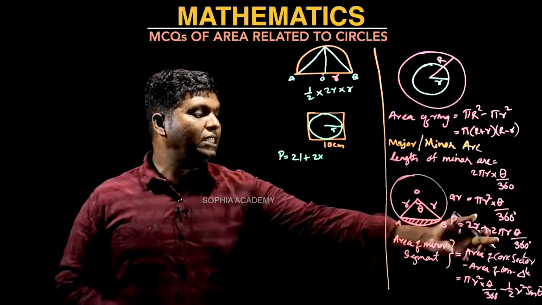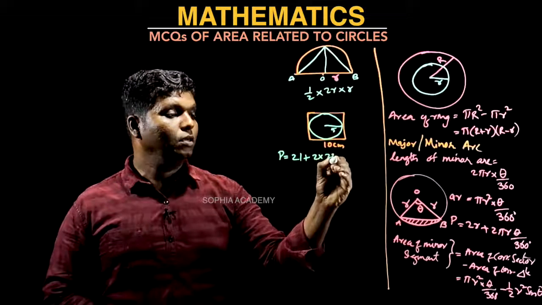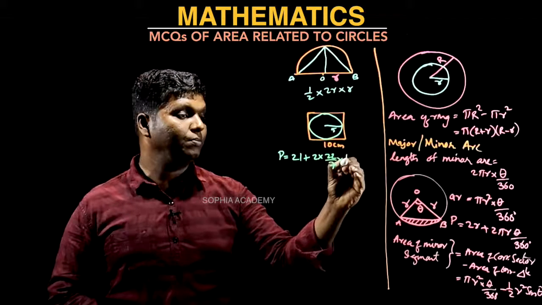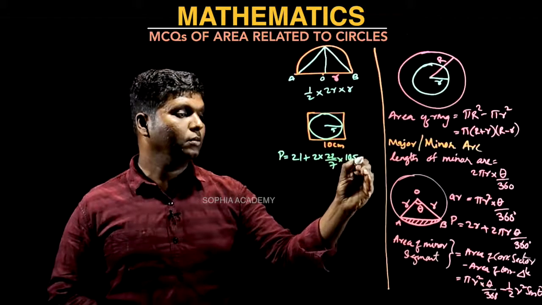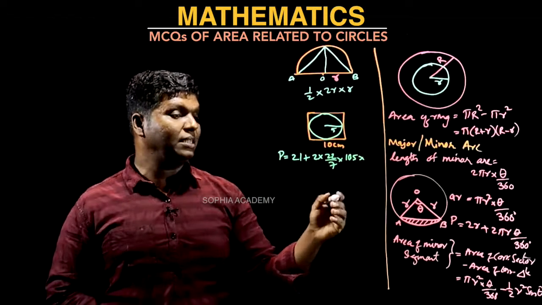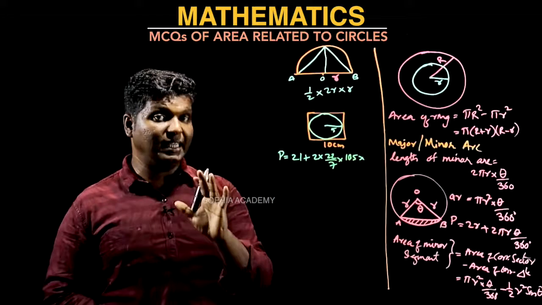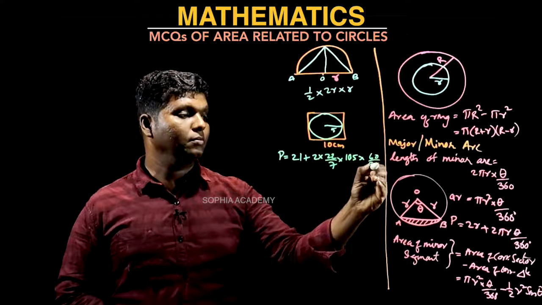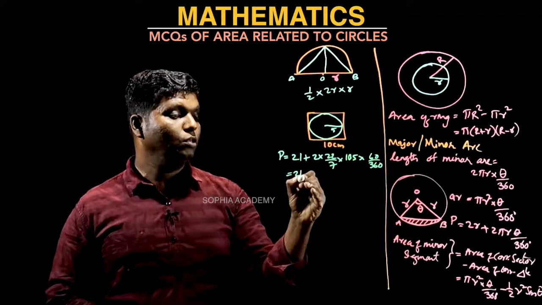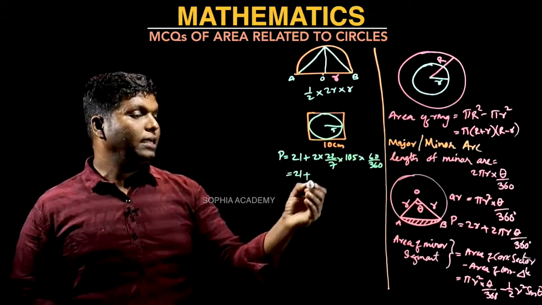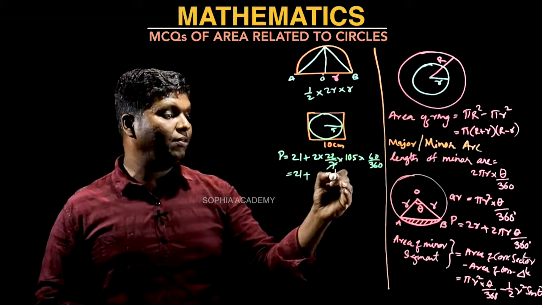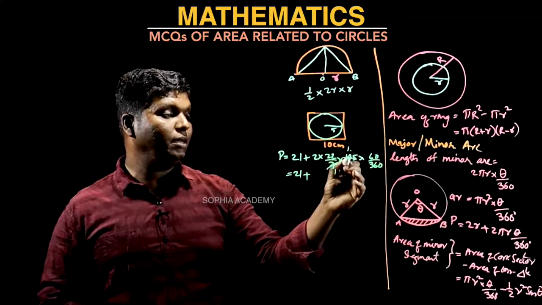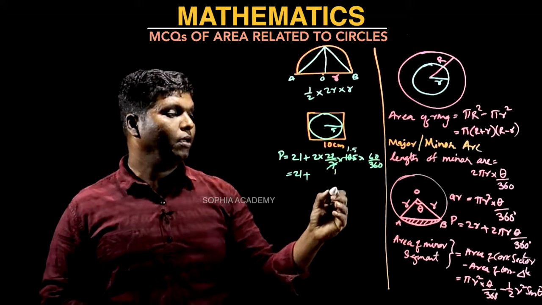So 2 into, instead of pi we are going to write 22 by 7 into r, which is 10.5, into theta by 360. What is theta? Theta is 60 degrees, it is given. So 60 by 360. That's equal to 21 plus, here 7 and 10.5 you can cancel, 7 ones are 7, 7 5s are 35.